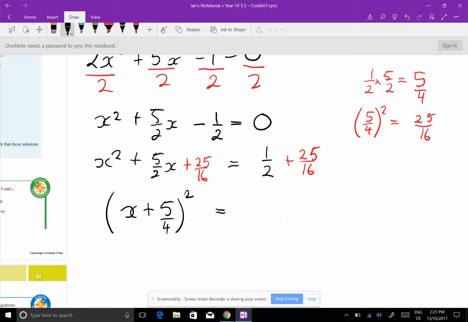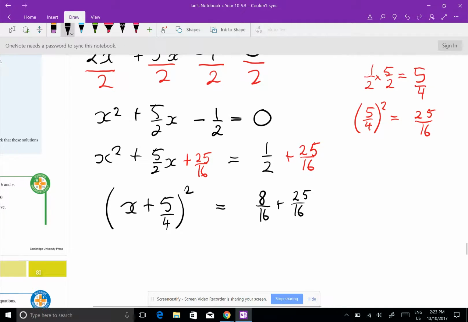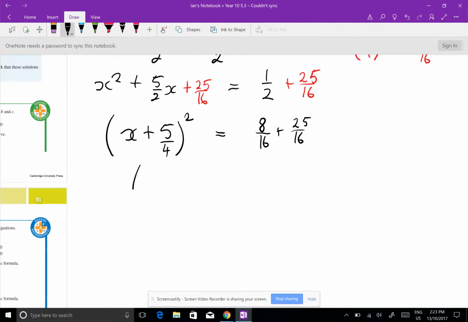Now I've got to get common denominators here. We'll have to multiply that by 8 top and bottom, so I'll get 8 on 16 plus 25 on 16. I'm going to keep this here, x plus 5 on 4 squared equals 33 on 16.